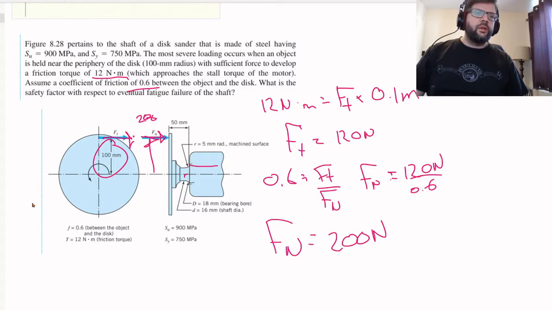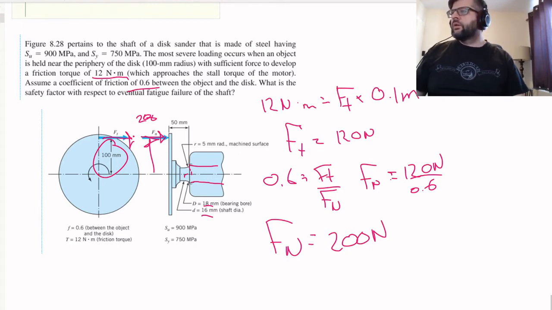So this is like the shaft coming out of the bearing here. The 18 millimeters is the bearing bore, and the 16 is the main size of that shaft there. So we are worried about the fatigue that is going to be happening based on cracks that are growing like that.